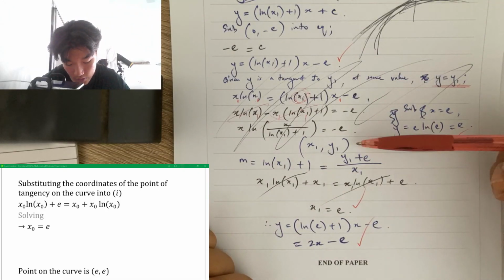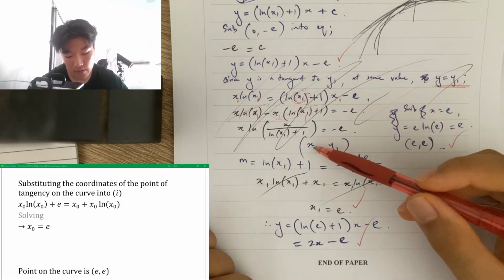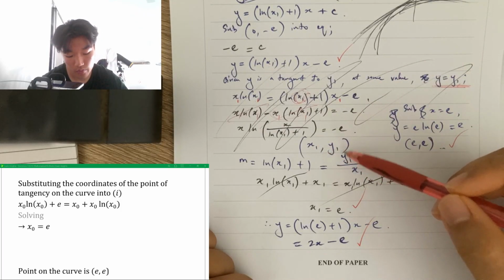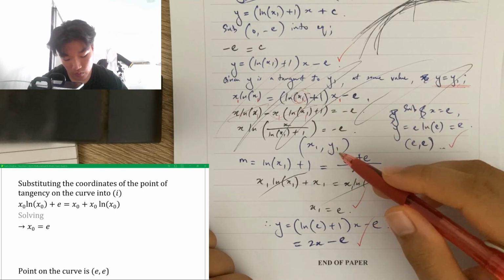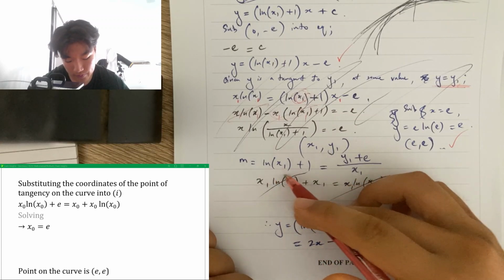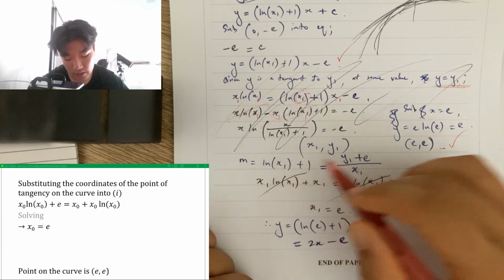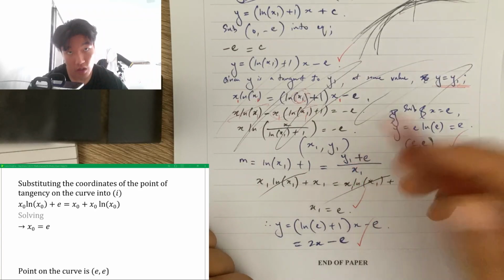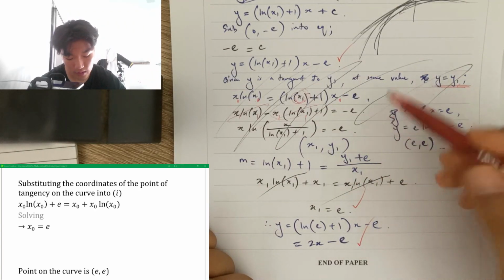Instead, what I chose to do was something different. We know that there's some point x1, y1 that's common, that intersects. So I used the gradient I found out, and then I used just the rise over run formula that we learned in like grade 7 and something, I don't know.